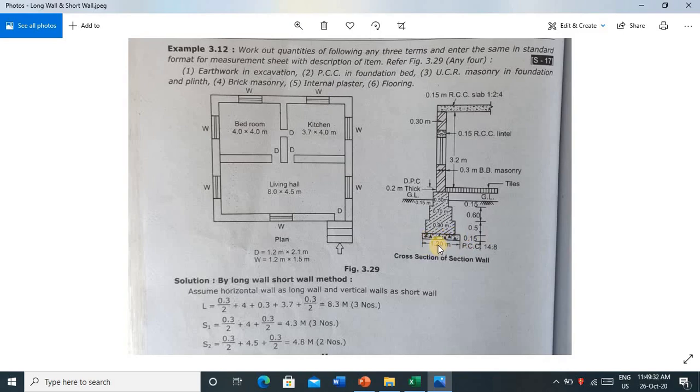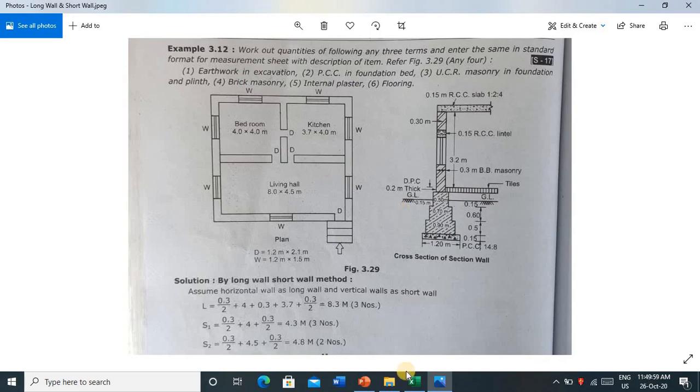So the width of PCC will also be 1.20. Then you have to calculate PCC in foundation and plinth, then UCR masonry in foundation and plinth. You need to calculate by these steps. And then brick masonry, then internal plaster and flooring.